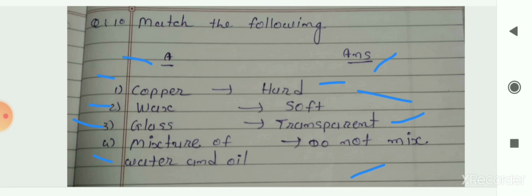Different materials have different properties. Some materials are shiny in appearance while others are not, some are rough, some are smooth to touch, and some are hard whereas some are soft.